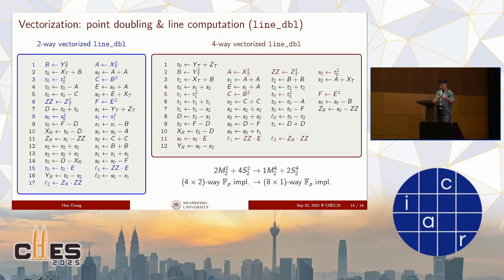When translated to the 4-way vectorization, it has 1 4-way multiplication and 2 two-way squarings. The big advantage of the 4-way vectorization is that at the bottom layer, it can use 8 times 1-way prime field multiplication, which is much more efficient than the 4 times 2-way FP implementation.